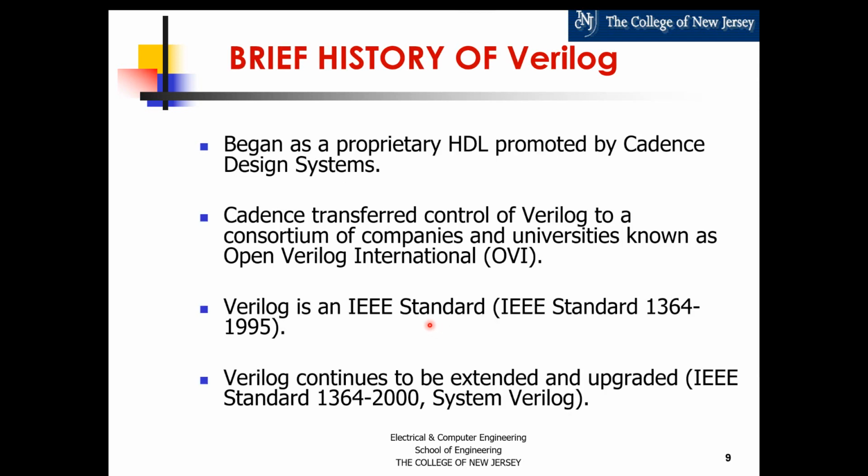So some history that I'll go through rather quickly. It began as a proprietary hardware description language promoted by Cadence. Cadence is still around, right? We use OrCAD in our circuits, and they do all kinds of electronic design tools. Eventually that was transferred to a consortium, and from that it became an actual IEEE standard. That's a good thing.